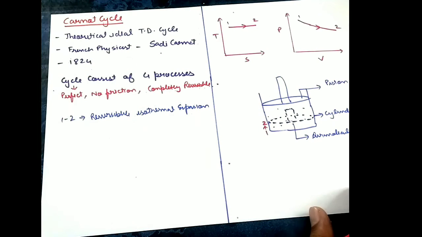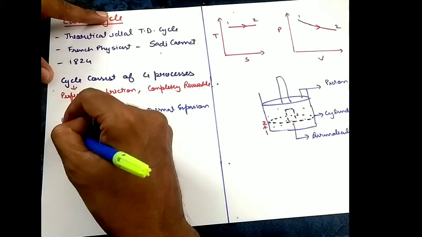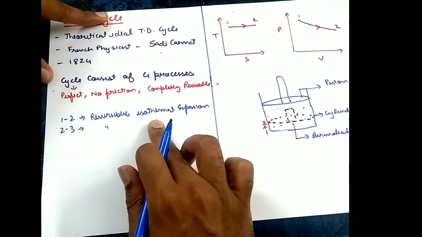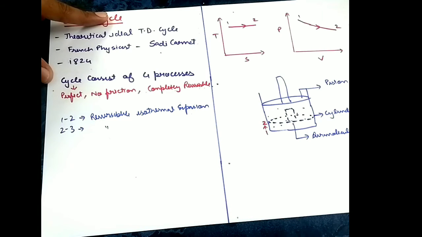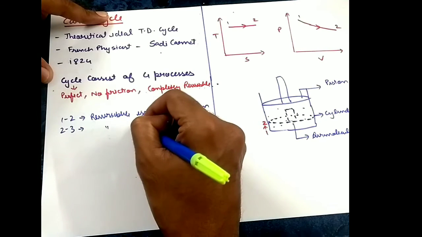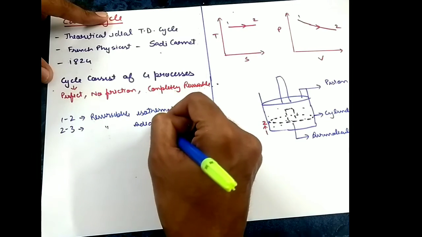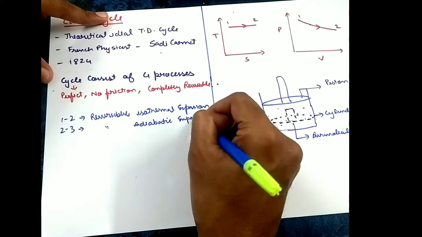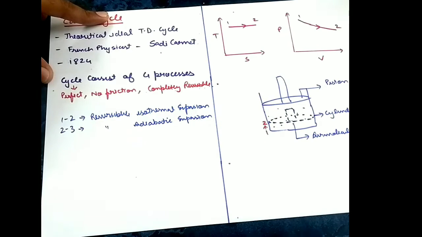Now let's come to the next process, from 2 to 3, which is a reversible adiabatic expansion process.